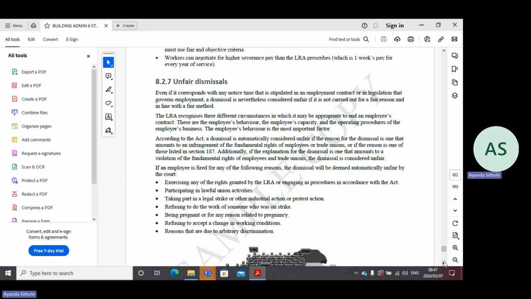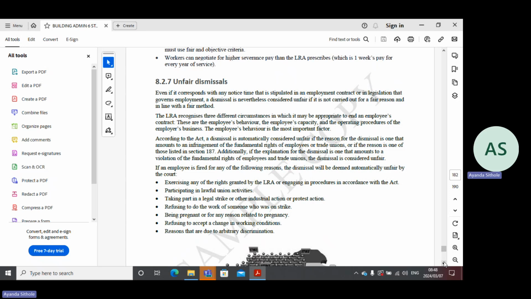Refusing to do work for someone who was on strike, being pregnant or any reason related to pregnancy, refusing to accept a change in working conditions, and reasons that are due to arbitrary discrimination. So those are examples of unfair dismissal.